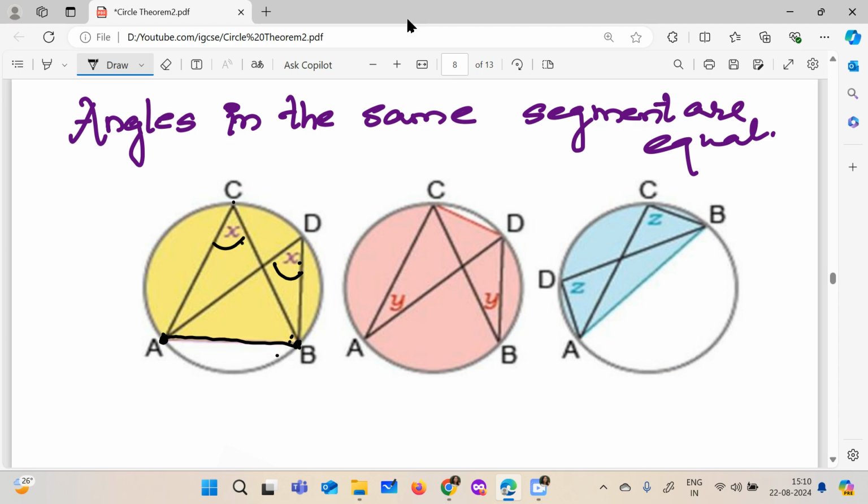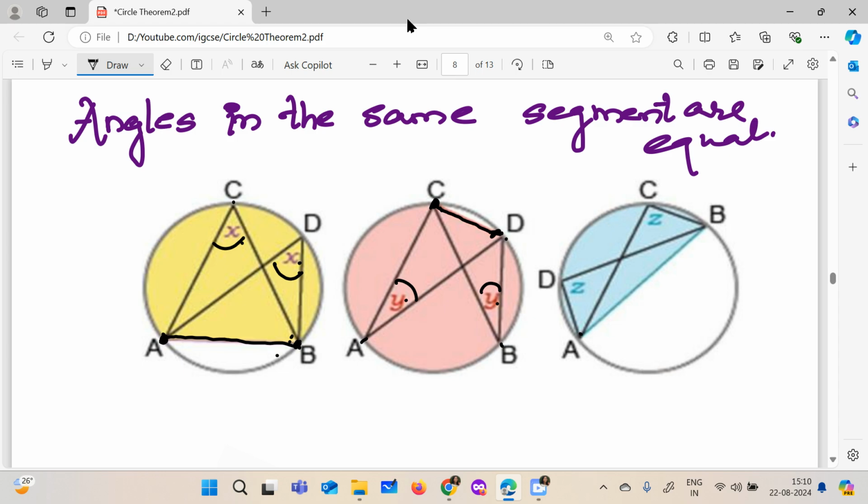Now if we look at this minor segment, there is a chord here, CD, and from these two points I have two angles formed in the opposite segment, in the major segment. So these two angles will be equal. Clear?